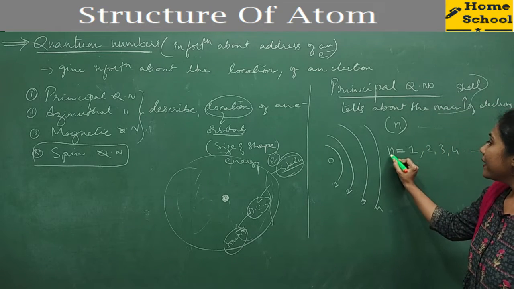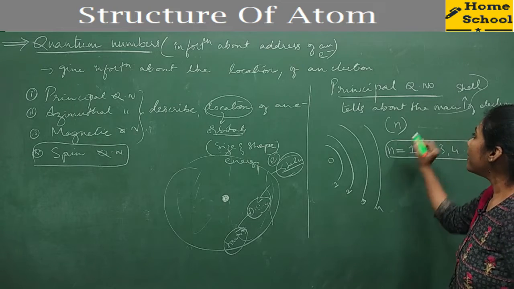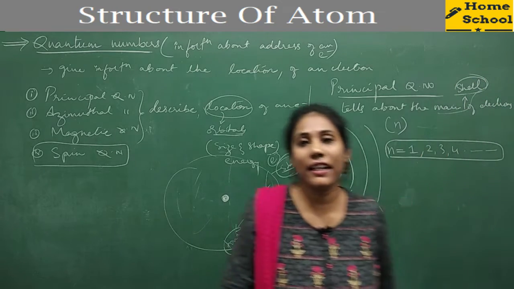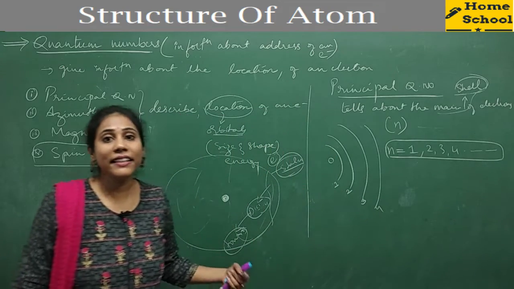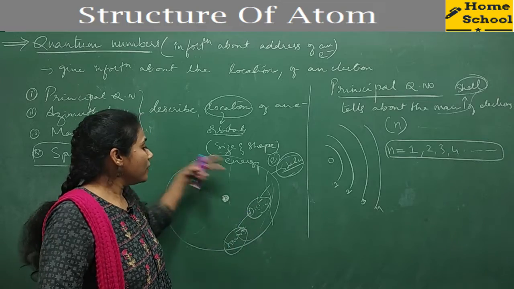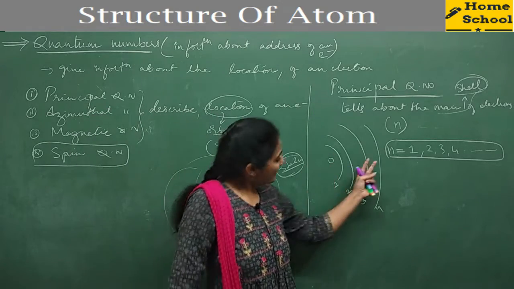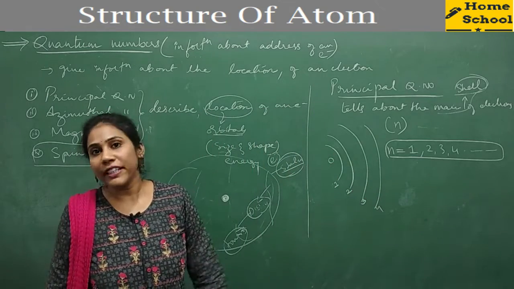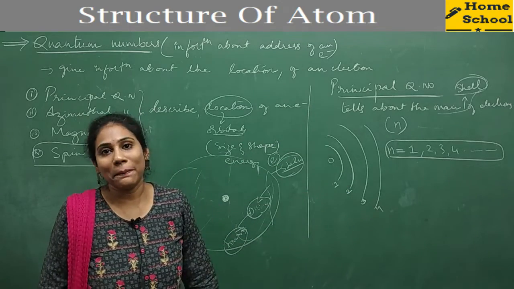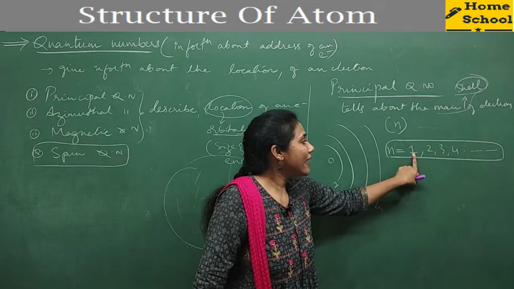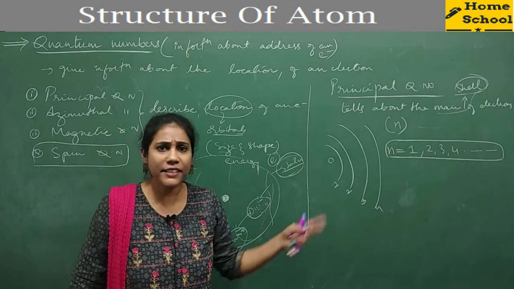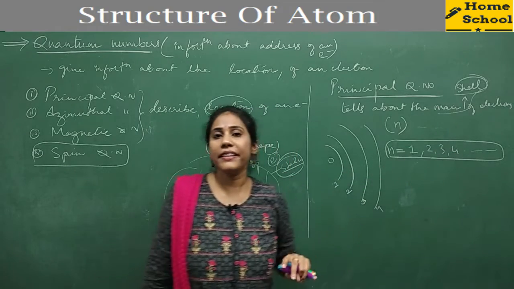Like that, the principal quantum number gives entire information about the main shell of an electron. Like in a country, which state do you belong to? Like that, in a particular atom, which main shell the electron belongs to is told by our principal quantum number. So it can have values right from 1, 2, 3. There is no limit. Many shells it can have.